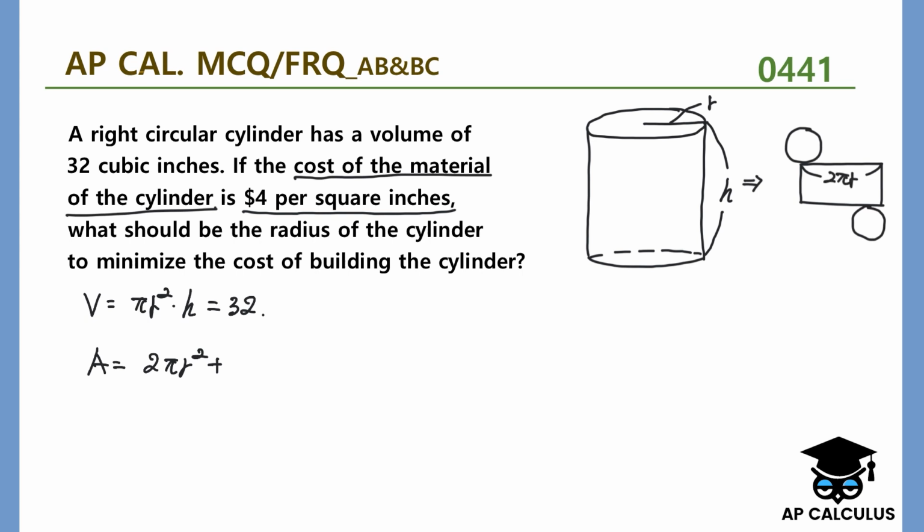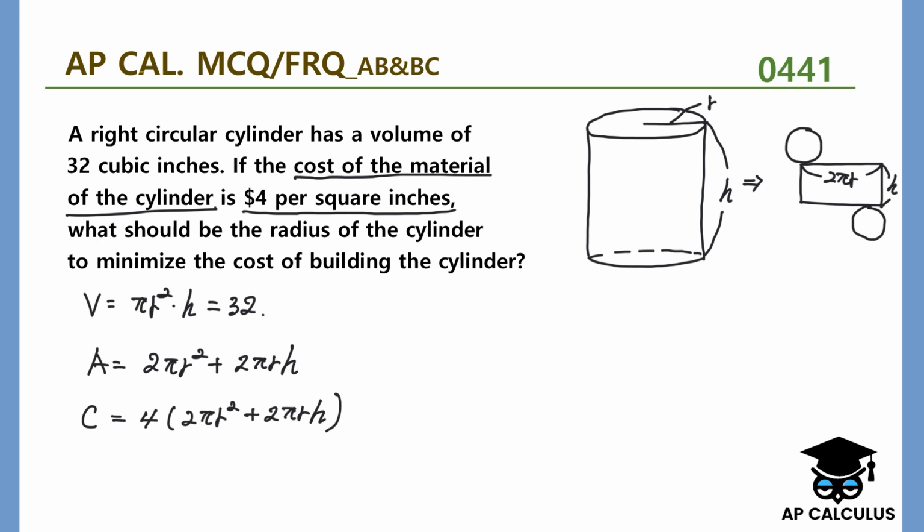The height of the cylinder is h. So the area of this rectangle is 2 pi r h. Now what's our cost? Our cost C is equal to 4 times the area, so 4 times (2 pi r squared plus 2 pi r h).